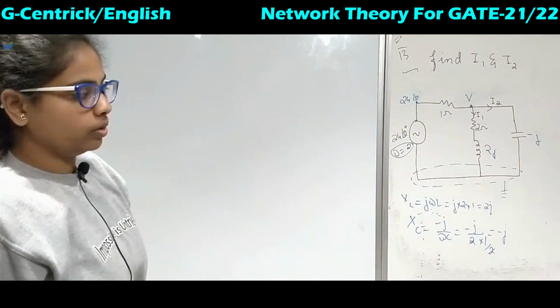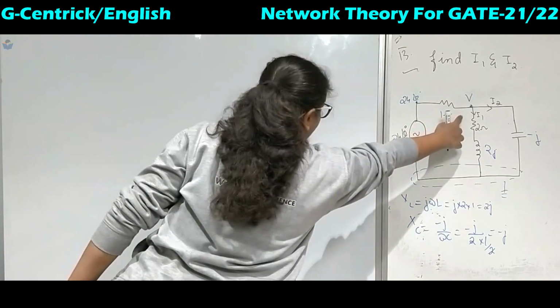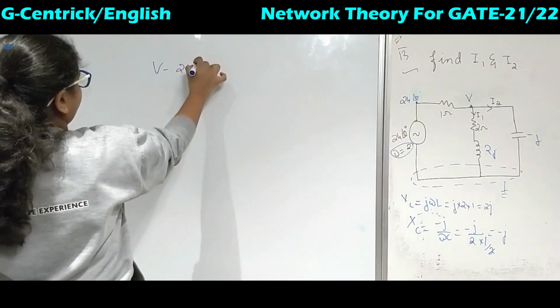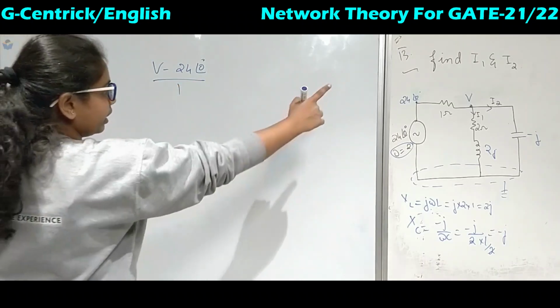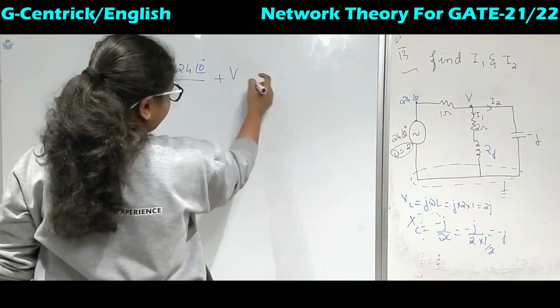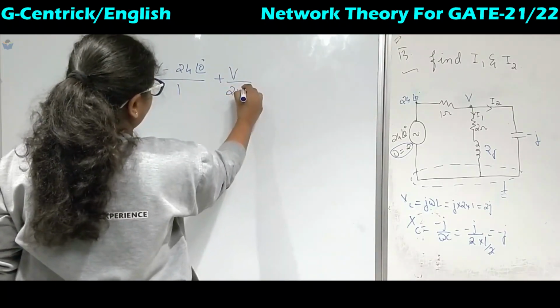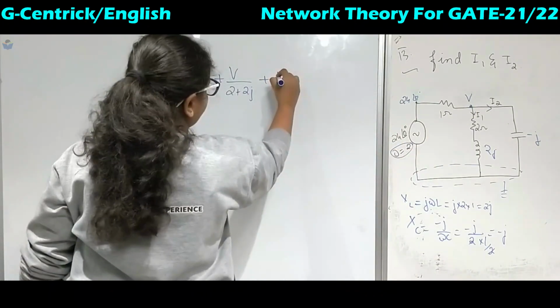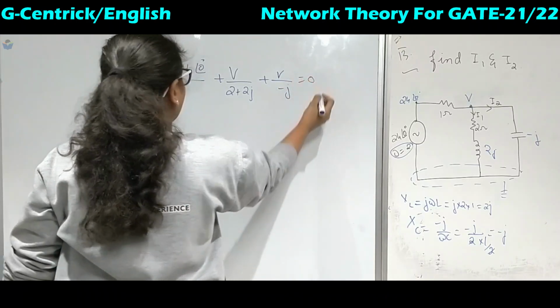So we know the ohmic values, so we will apply nodal analysis. This will be at higher potential. So, V minus 24 angle 0 degree upon 1 ohm, plus V minus 0 divided by 2 plus 2j, plus V upon minus j, equal to 0.